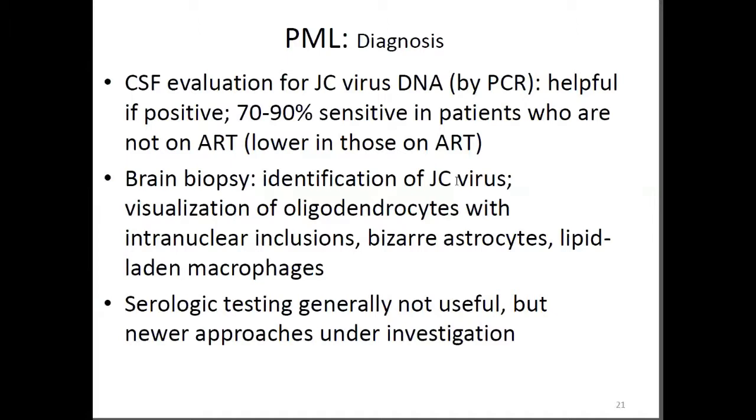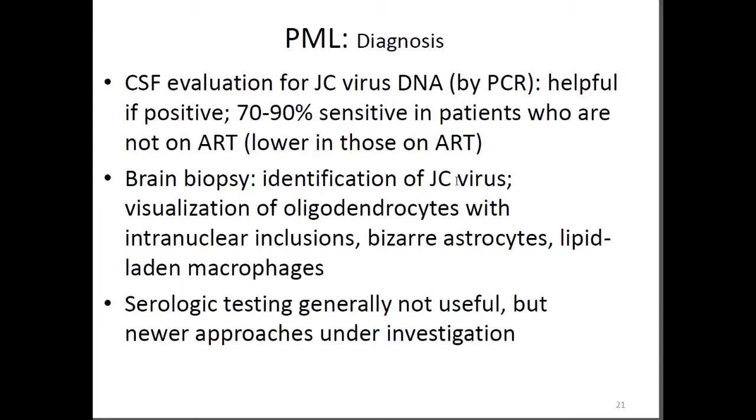The diagnosis is by CSF evaluation, looking for the JC virus PCR. Usually positive in 70 to 80% of the patient population who are not on antiretroviral therapy. If they are on antiretroviral therapy, then PCR can be negative.